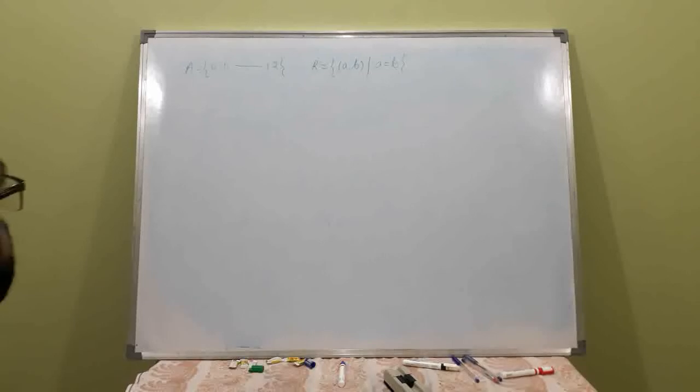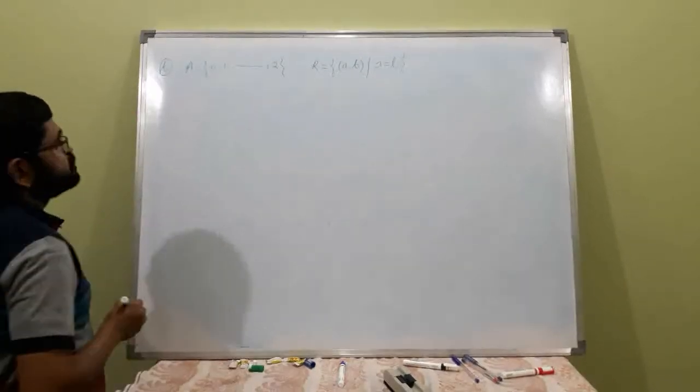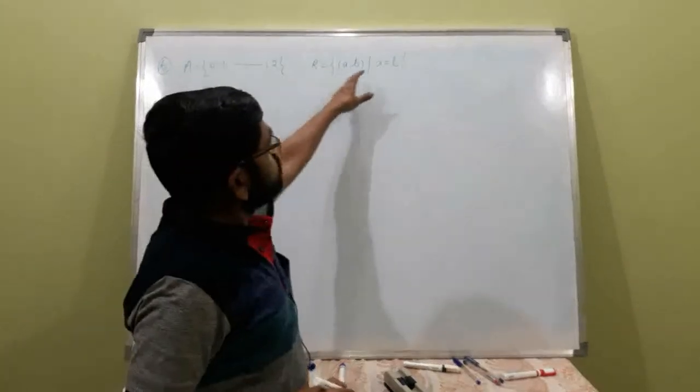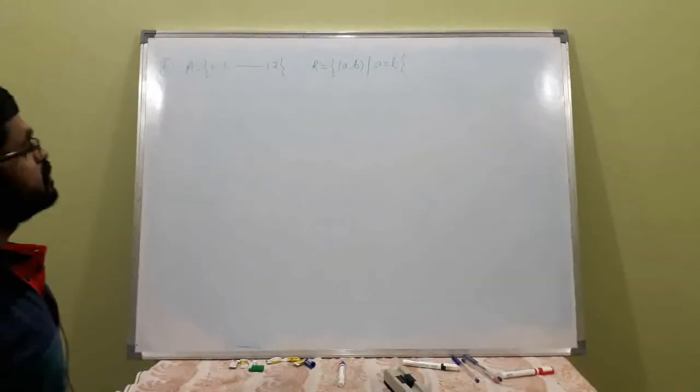Second part of that example is R is equal to (a, b) such that a is equal to b.